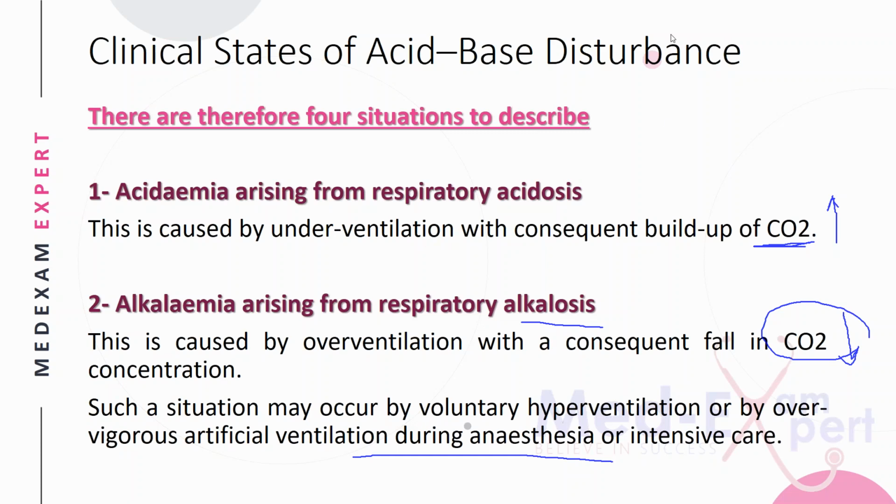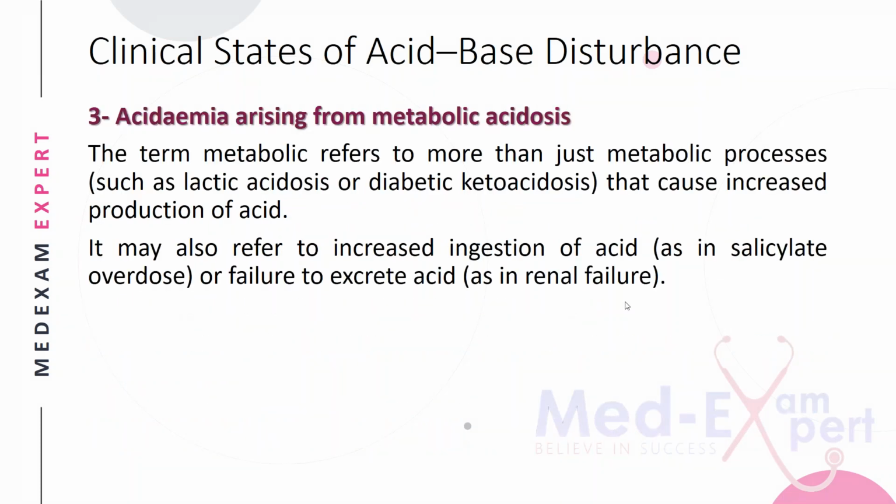On the opposite side, we have the acidemia resulting from metabolic acidosis, and this may be either due to a metabolic problem like lactic acidosis or diabetic ketoacidosis, which lead to production of more acid in the body, or due to ingestion of acid from outside, like when there is salicylate overdose, or toxicity of salicylate, or the third mechanism is failure to excrete the acid in cases of renal failure.